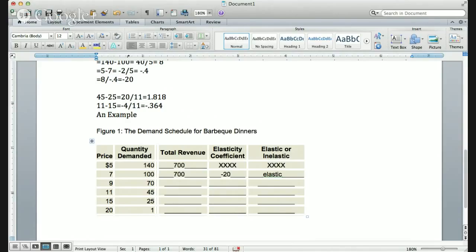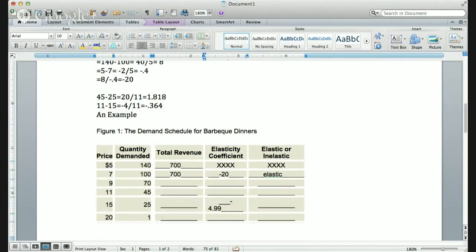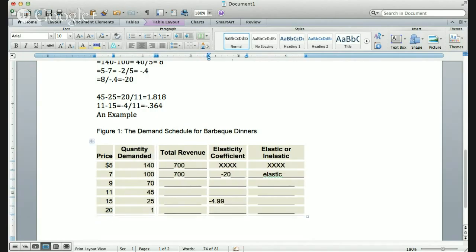So it comes out to be, and this would go here, 4.99. And that's, again, a negative, which we would expect. There we go. And again, it's still elastic because the curve is elastic, so that's okay. It's still actually very elastic in this case.